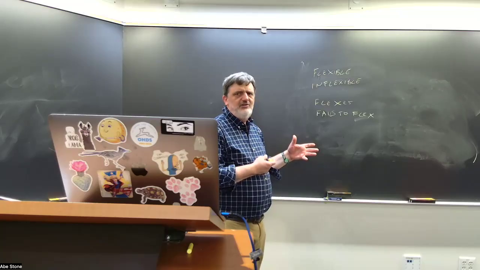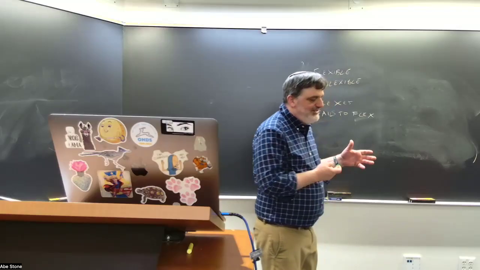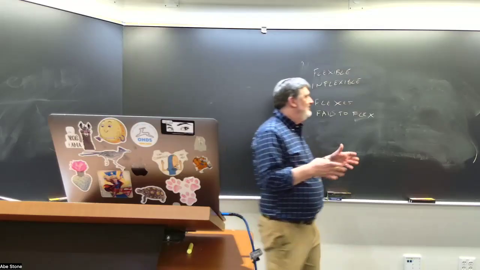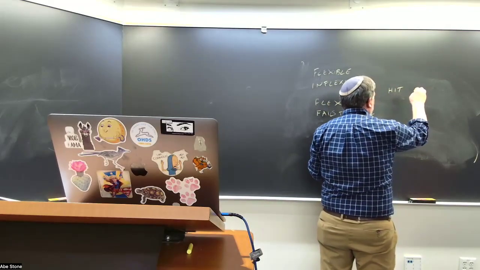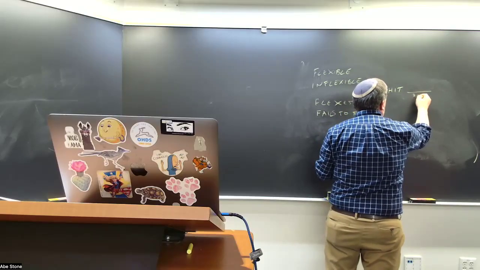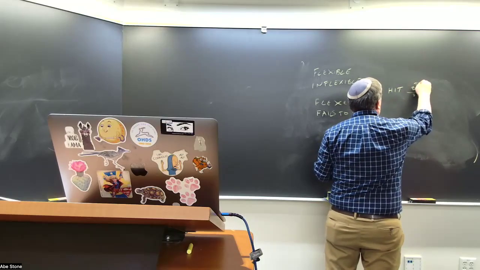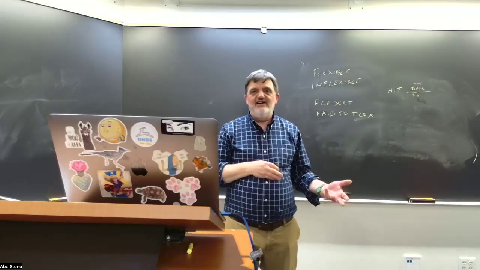People know what a transitive verb and an intransitive verb is. I don't know if they still like to teach that in school or whatever. No, seriously? Okay. So a transitive verb is a verb that takes a direct object, right? Hit, right? So you hit something is a direct object. Hit this ball. Whereas an intransitive verb is a verb that doesn't take a direct object.